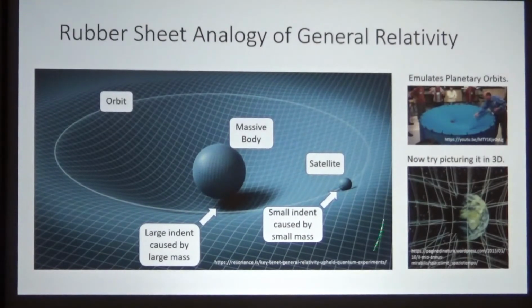It's an oversimplified view, but basically imagine a rubber sheet and you put a giant ball in the middle. And in fact, you can go to YouTube and find this fascinating video where they put a bowling ball on a sheet and then they roll this tiny mass around that goes in orbit around it. And then if you really have a really good imagination, you can try to imagine a rubber sheet in higher dimensions.